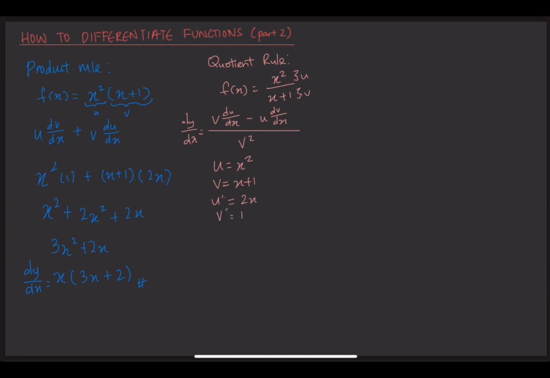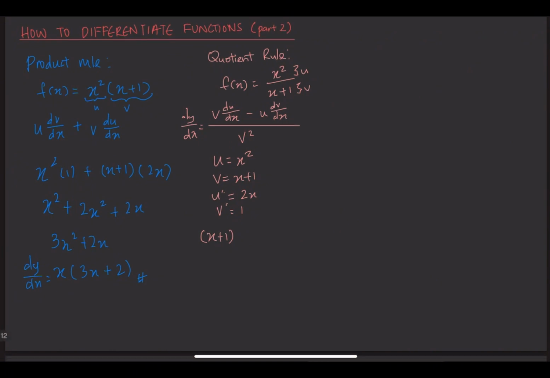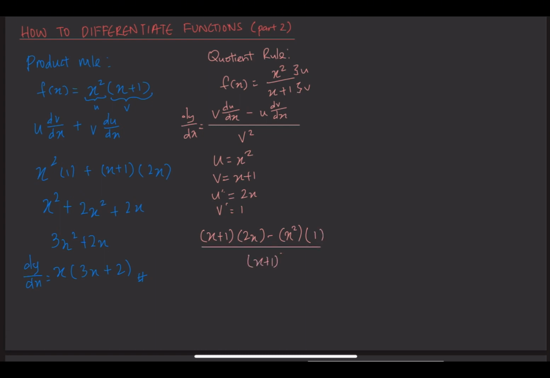Now we can just input into the formula: x plus 1, the bottom part, times the derivative of the top part, 2x, minus the top part, x squared, multiplied by the derivative of the bottom part, which is 1, and then divide by x plus 1 squared.